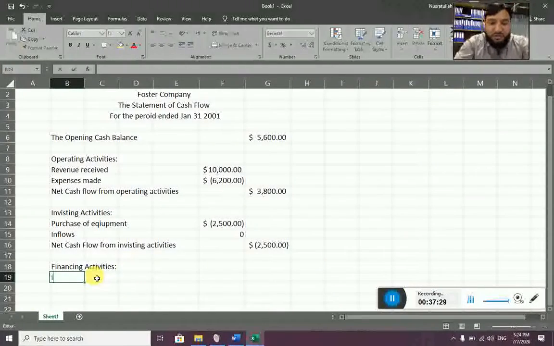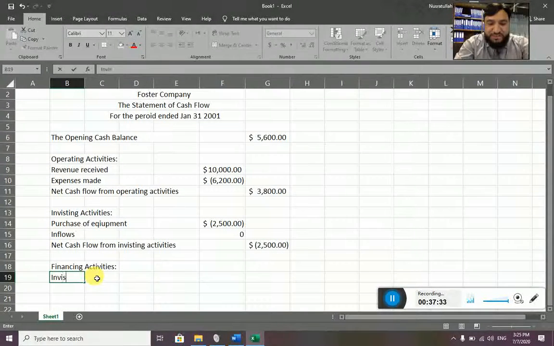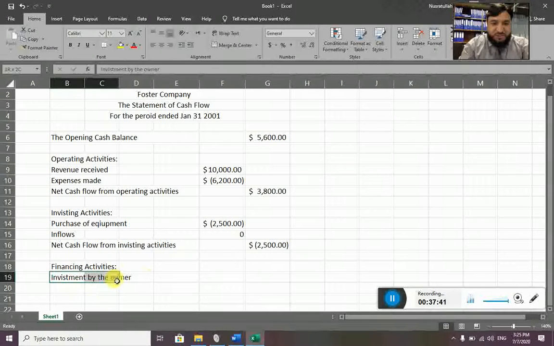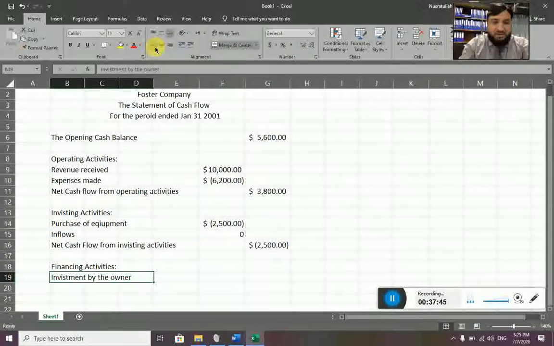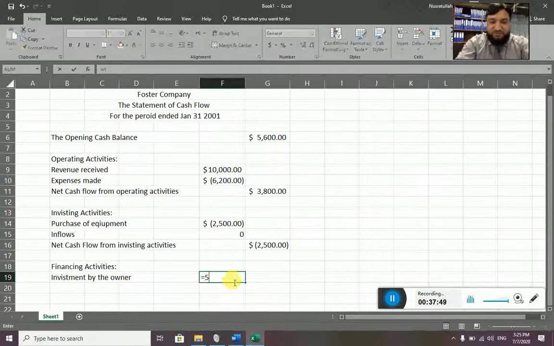Okay, so I'll write investment by the owner. How much investment is made? It's 5,000. That's an inflow, so we'll put a positive figure, 5,000, with a dollar sign.